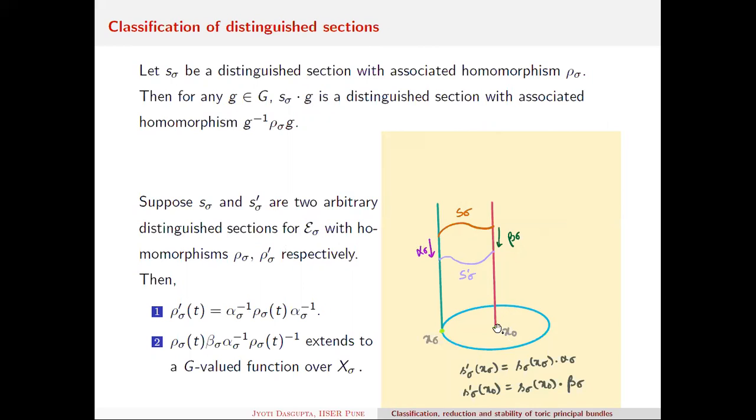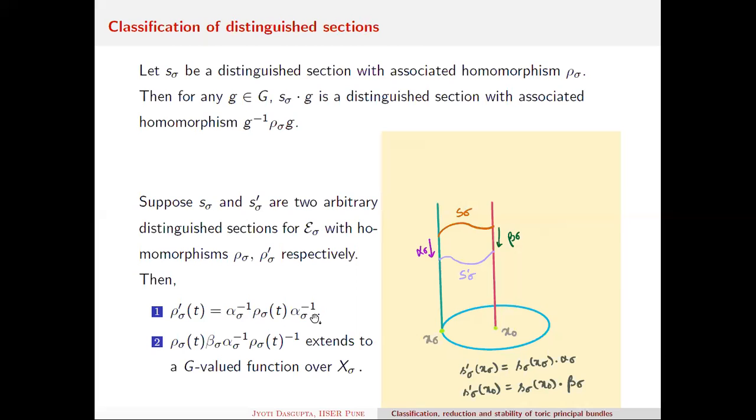One is the point x naught in the open orbit, and another one is the fixed point contained in X sigma. So over X sigma, if they differ by alpha sigma, then the associated homomorphisms are related by this conjugacy relation: rho prime sigma of t is alpha sigma inverse rho sigma of t alpha sigma.